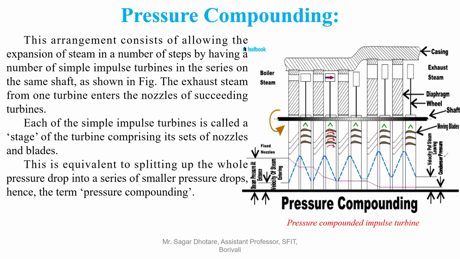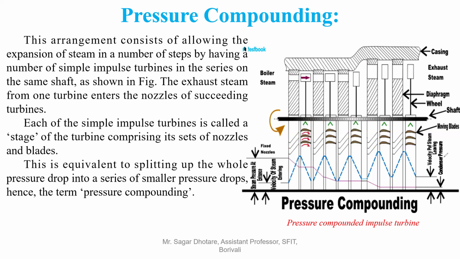The steam is expanded partially in each ring of nozzles, and pressure remains constant over each ring of moving blades. The velocity of steam entering the moving blade is considerably reduced as the pressure is reduced in each stage. As the total pressure drop is split into a series of pressure drops across the several stages, the turbine is called a pressure compounding impulse turbine.